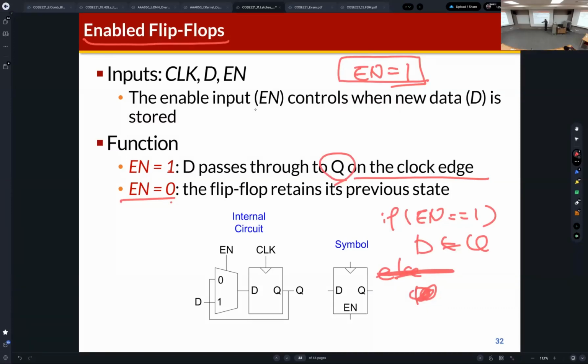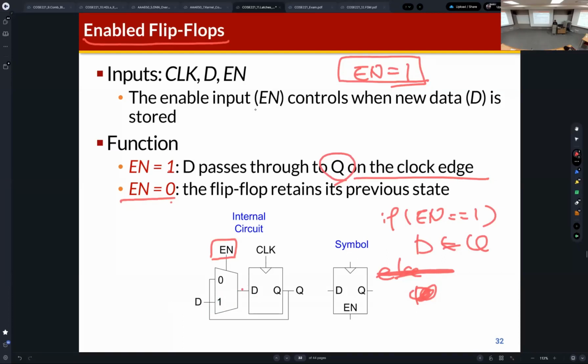So this is the equivalent circuit. We can find the 2-to-1 multiplexer here, and the output of the 2-to-1 multiplexer is controlled by the enable signal. Which means that if the enable signal is 1, then D is just connected to the input of the D flip-flop, the same as a normal D flip-flop.